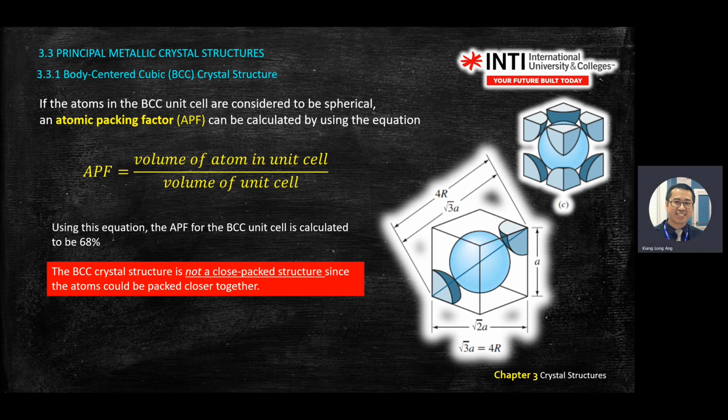So A cube, A equal to, what already? I forget. A equal to 4r over square root 3. So you substitute here: 4r cube over square root 3 cube. On the top, you get 8/3 pi r cube.